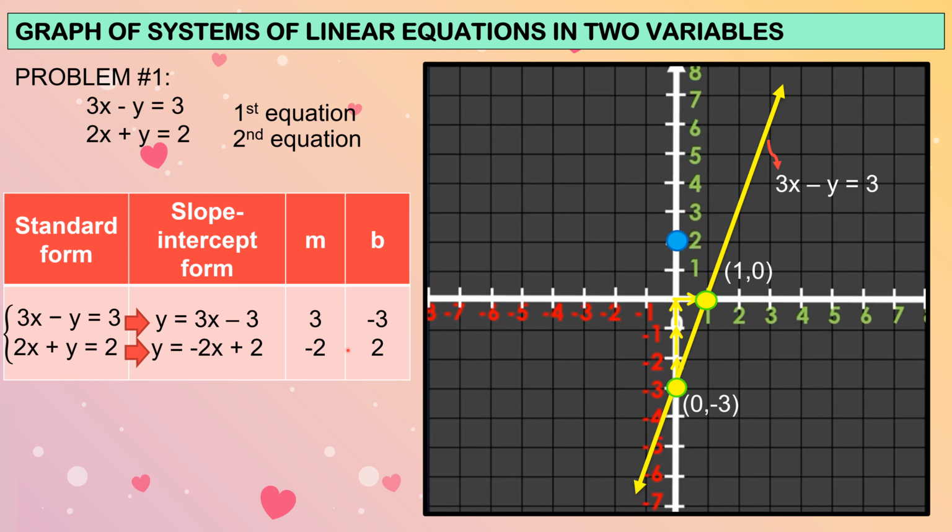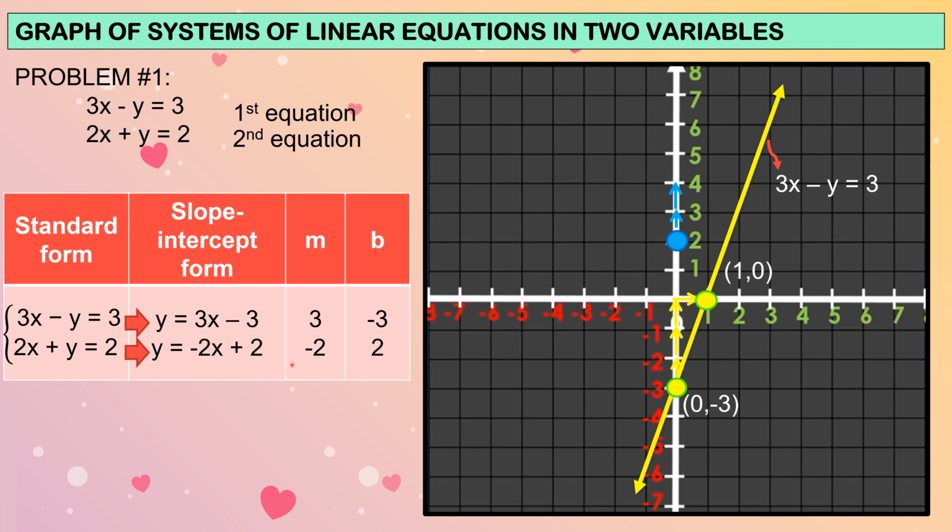So for our second equation, we will plot the point here, 2. Ayan, na-plot na. Then, tingnan naman natin ang ating slope. So, sabi ko nga kanina, for every whole number, there is a denominator 1. So, negative 2. Negative 2, we will rise twice. 1, 2.